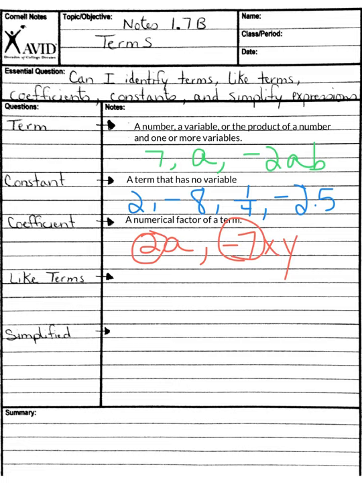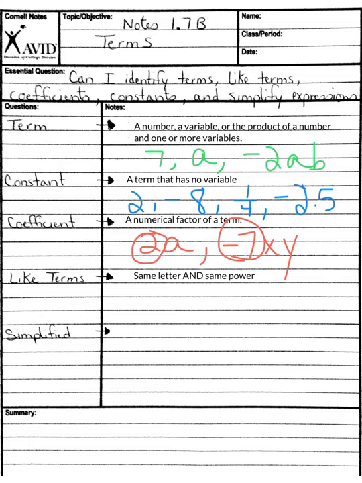Let's talk about what we call like terms. Like terms are super important. We have to be able to identify them. And they have the same letter and, keyword, the same power or exponent.